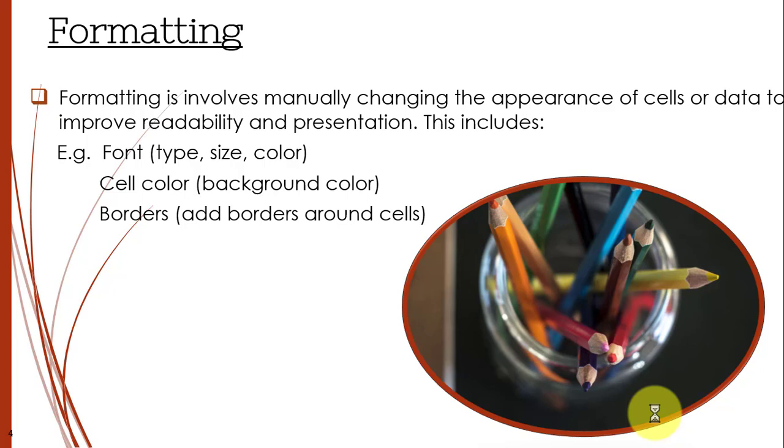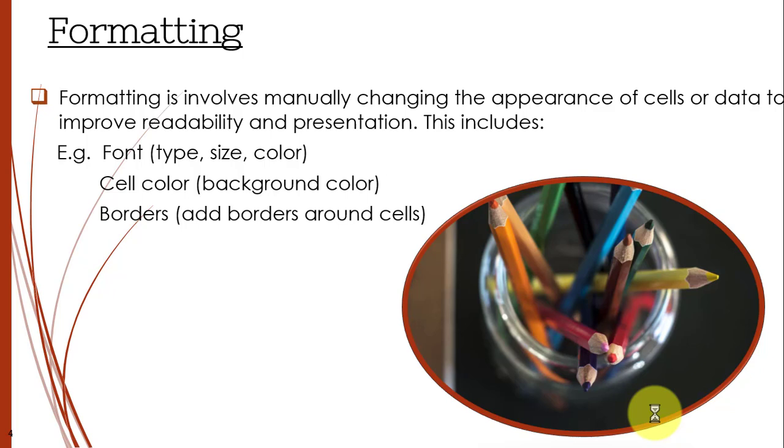For example, if you have a data set and you want to highlight the sales amount greater than 2000, you can highlight by using font size, font color, cell color, border. Like that you can highlight to visualize your data for easy reading, right? So this is called formatting, right?